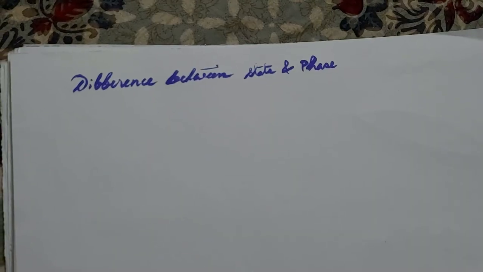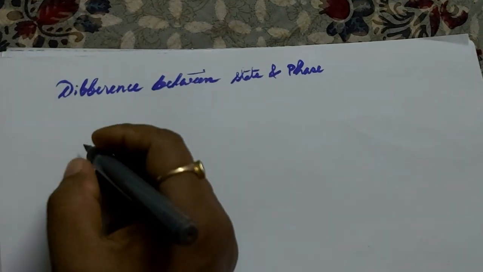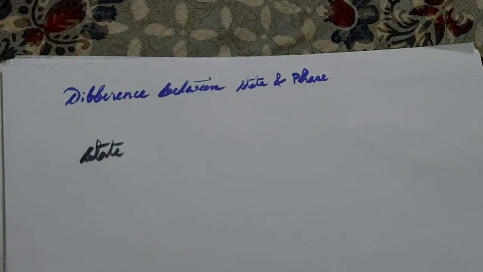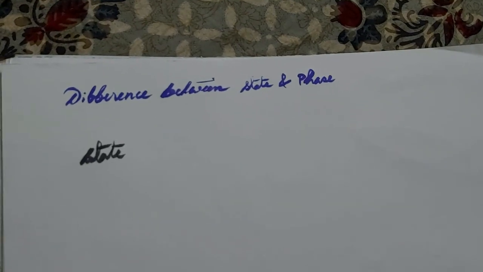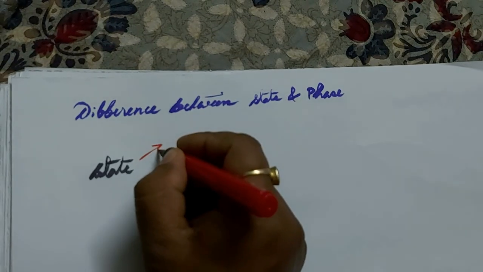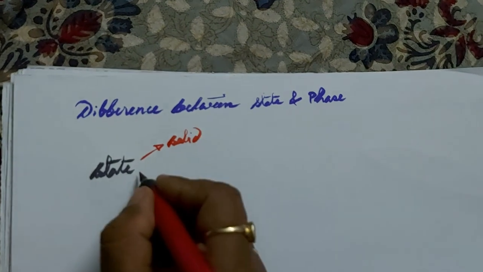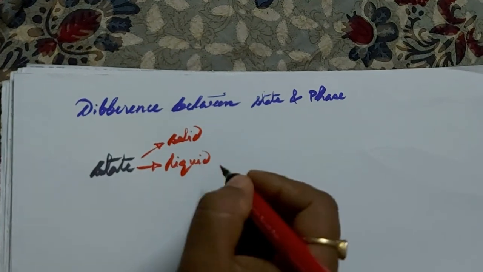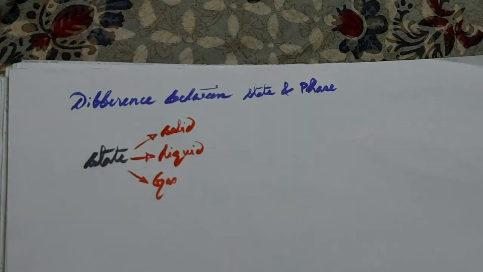So now I will talk about the difference between state of matter and phase of matter. First is state. We can classify state as solid state, liquid state, and gaseous state.